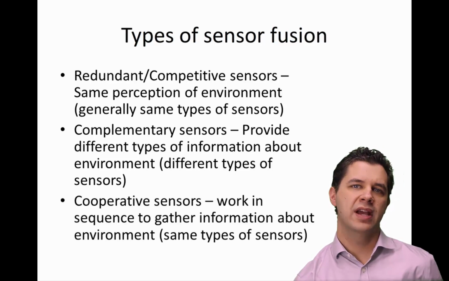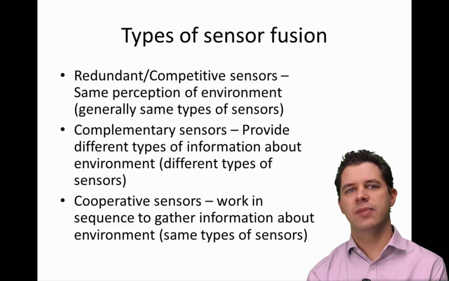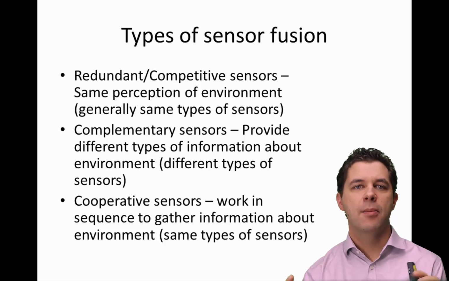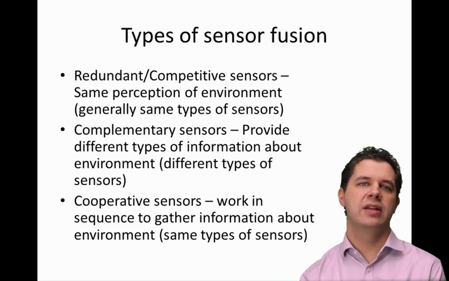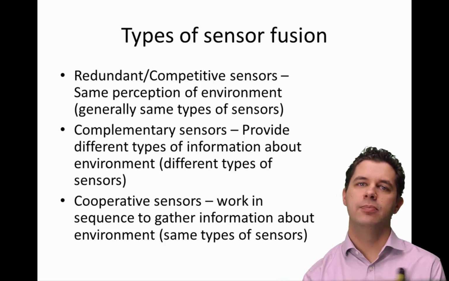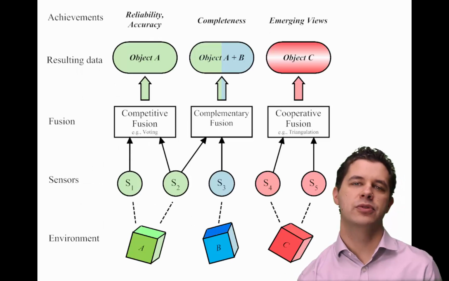And then we have cooperative sensors, where we're making these sensors work in sequence to gather information about the environment. Typically, the same type of sensors, but we're trying to get extra information from the environment, not just trying to improve reliability, but provide some sort of extra information about the environment. And we'll look at examples of each of these.